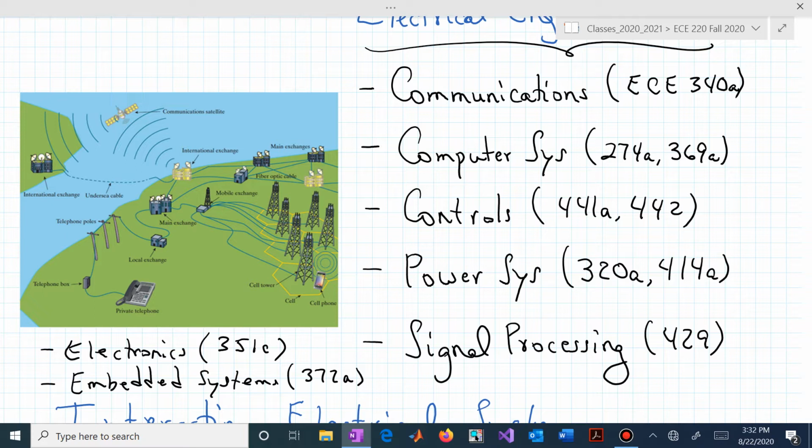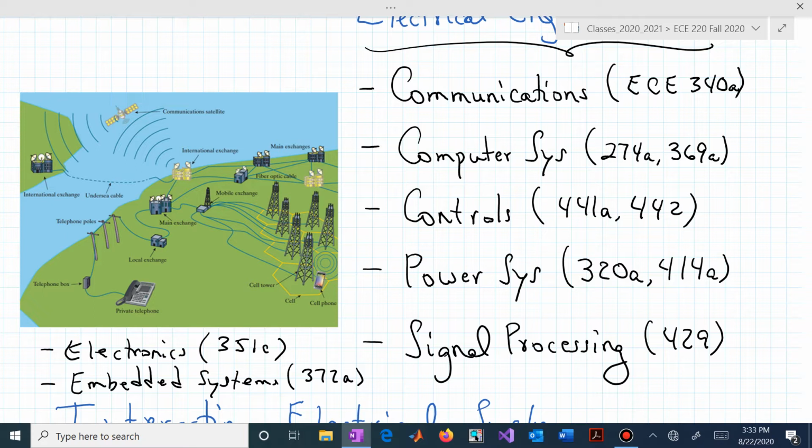We will get as far as sinusoidal steady state. What is coming out of the wall in your home is a sinusoidal waveform. How do we analyze that relative to power? That's 320A. How do we analyze it in sinusoidal steady state? That's what we want to get to at the end of this class.